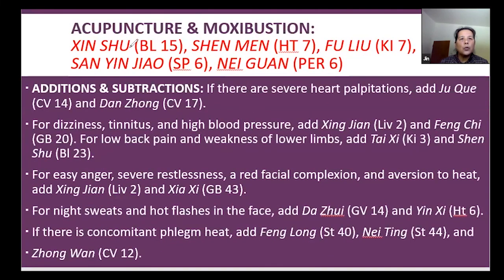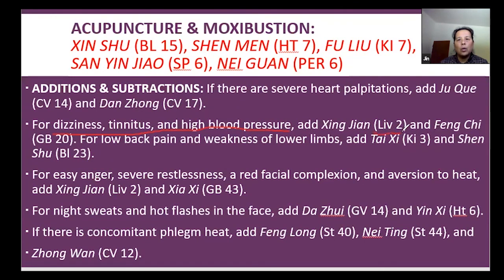For acupuncture treatment, basically it looks like the points we talked about before, and then the manipulation from there. We have some special points here. Dizziness, tinnitus, high blood pressure are liver issues in TCM, some heat in the liver.